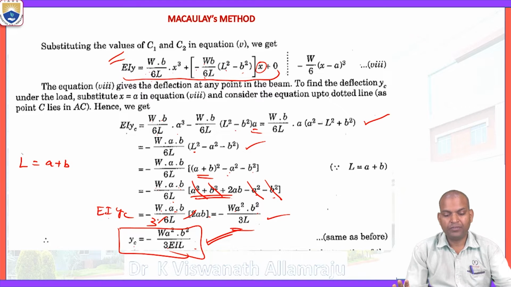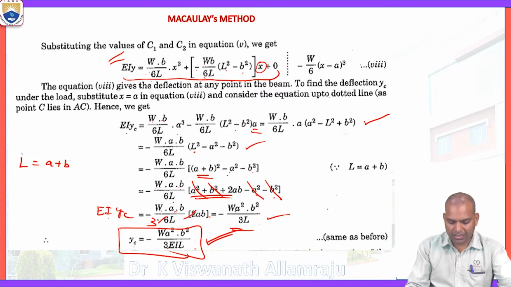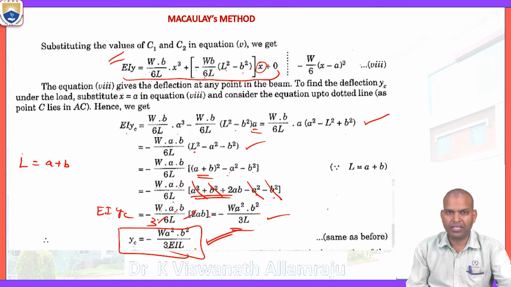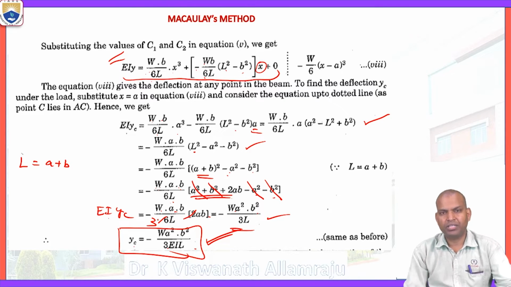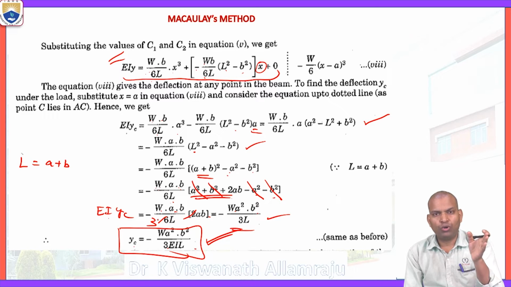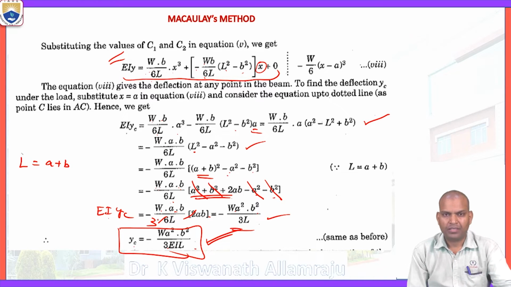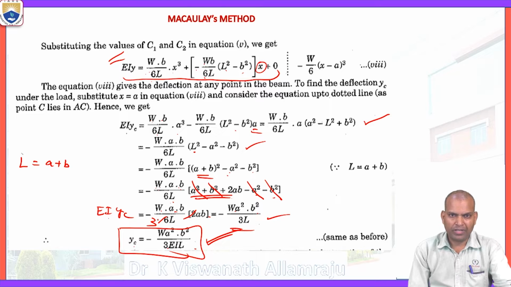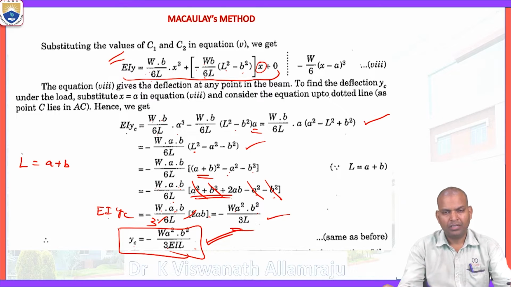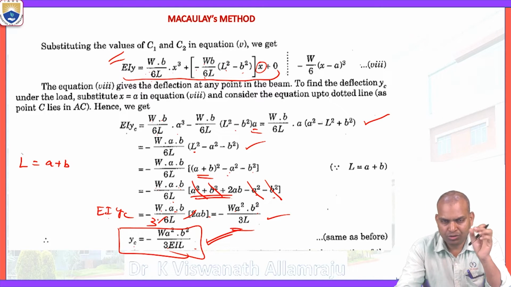But the methodology for the Macaulay method is, you have to take the bending moment equation, considering the length of the span of the beam in such a way that throughout, all loads will be included in that equation. Otherwise, what will happen? There are flaws also.